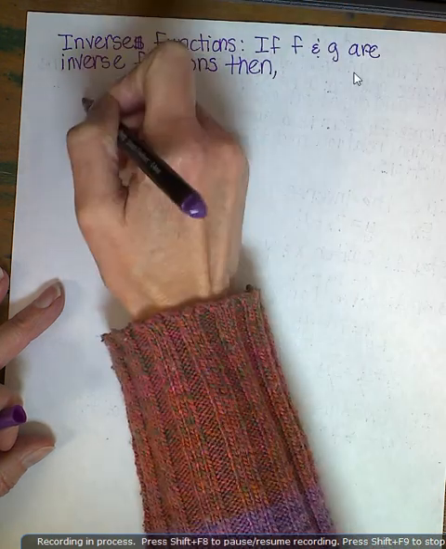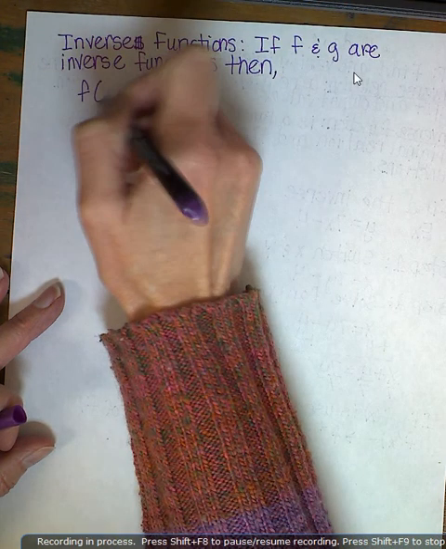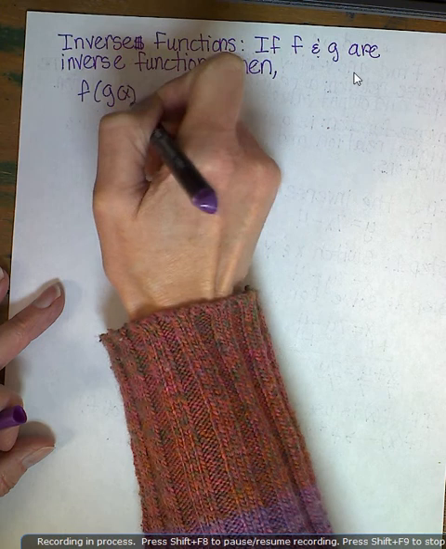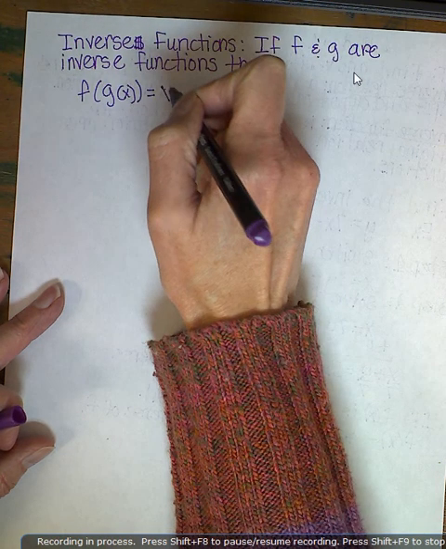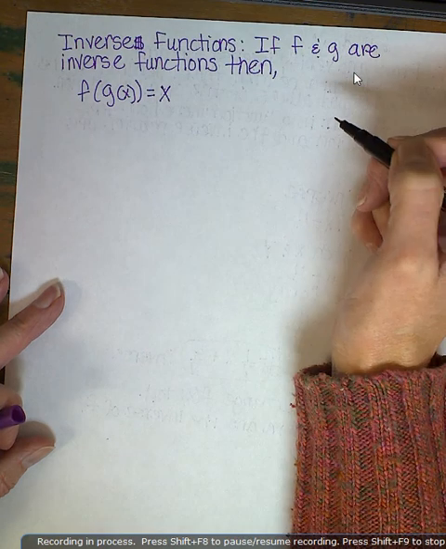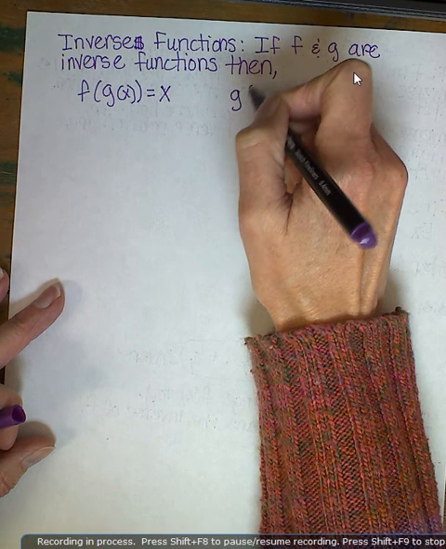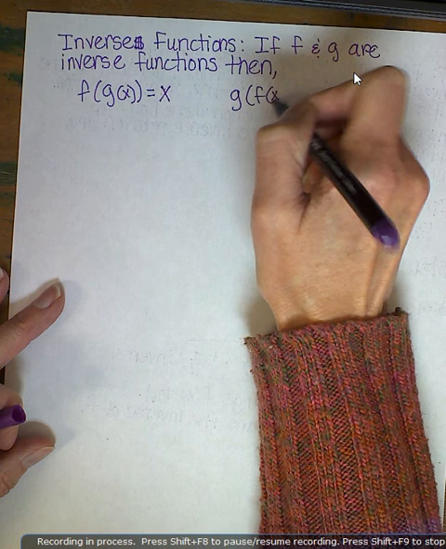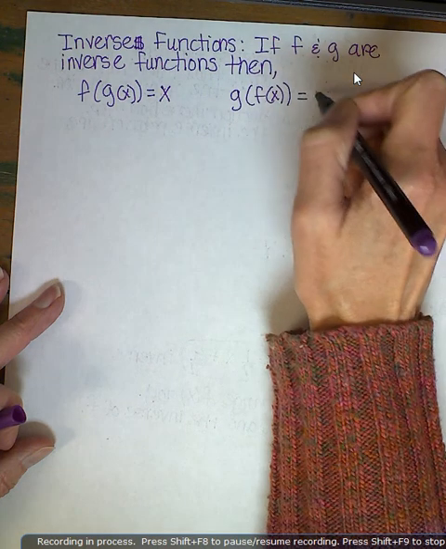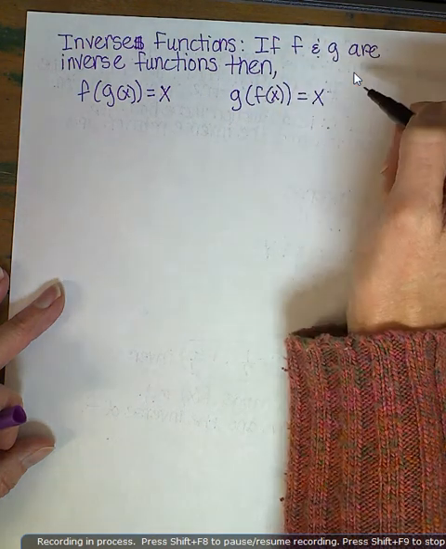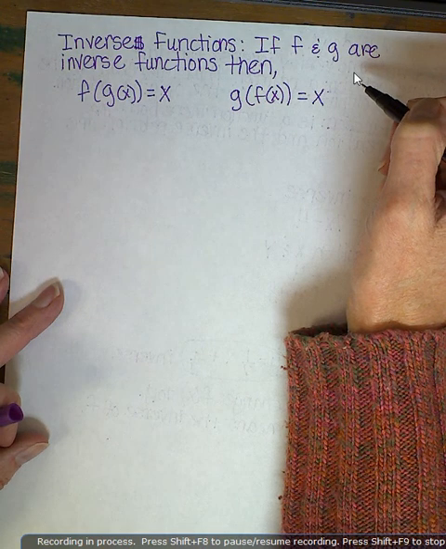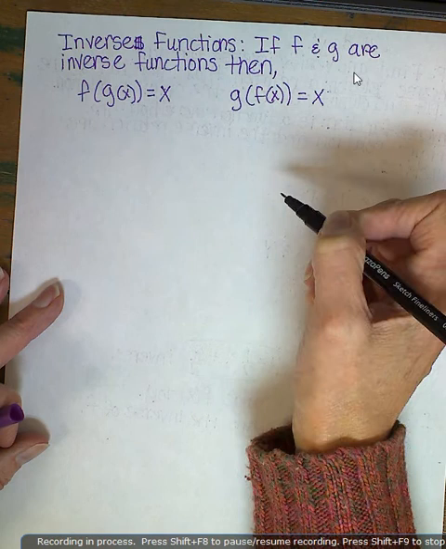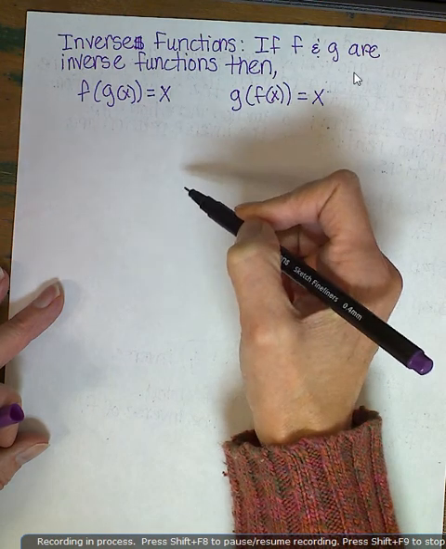Then, if I take g and plug it into f, everything will reduce out algebraically and I just end up with x. And if I reverse the order and plug f into g, the same thing will happen. So if a problem asks you to verify that two functions are inverses, you want to do the composite function and show that it equals x.